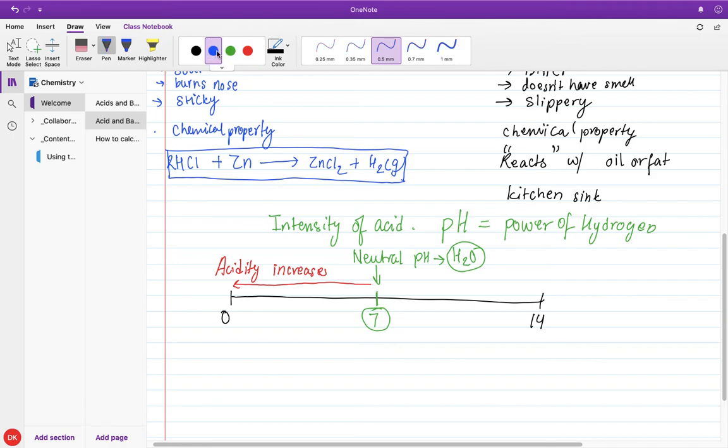If the number goes above 7 towards 14, then the strength of the base increases. For example, anything near a pH of 0 would be lemon or lime.